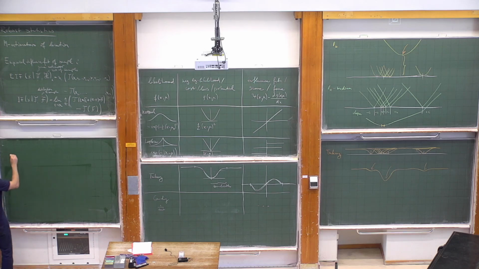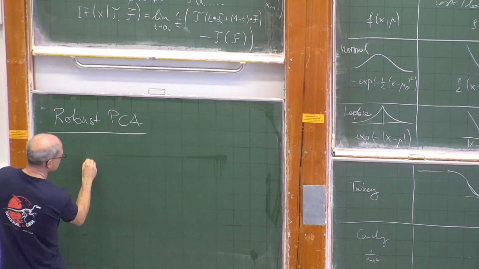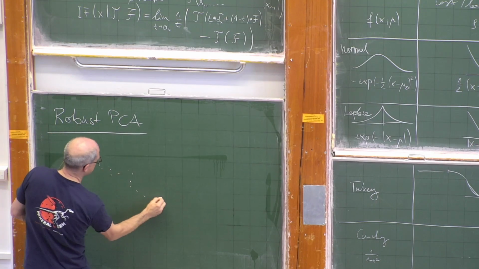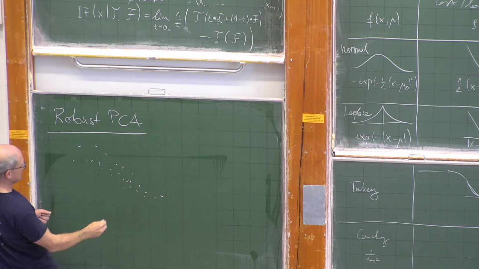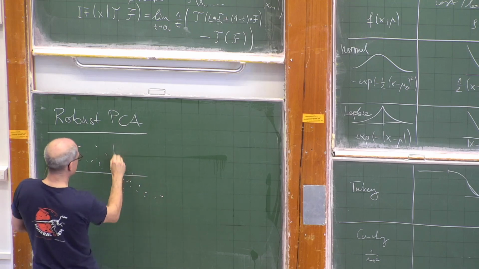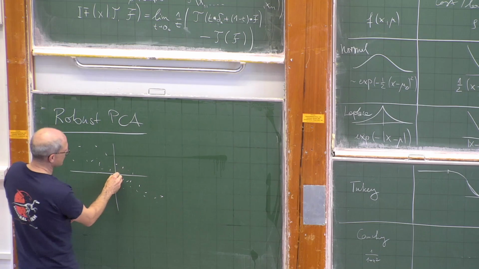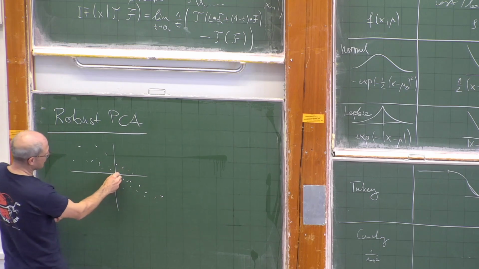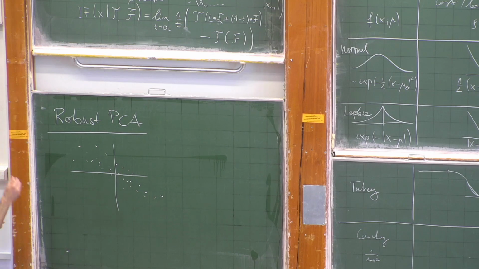All right, then now let's invent robust PCA. I'm drawing my usual picture. I say the data has been mean-centered. And so we consider trial solutions that go through the origin. We have some mean outlier or outliers.